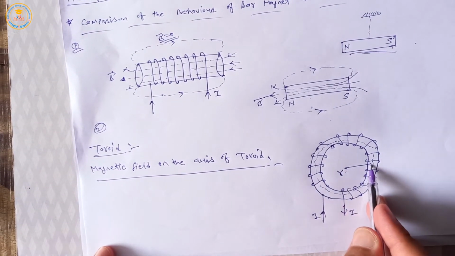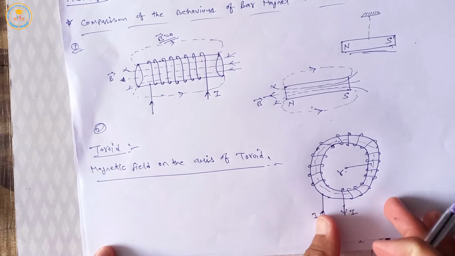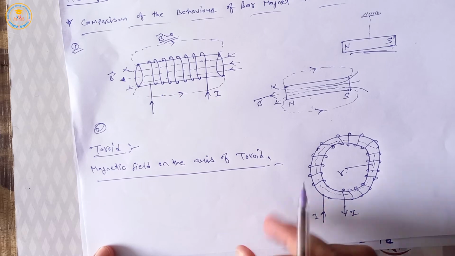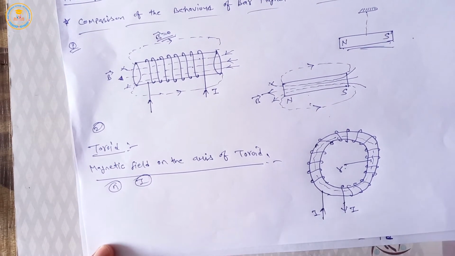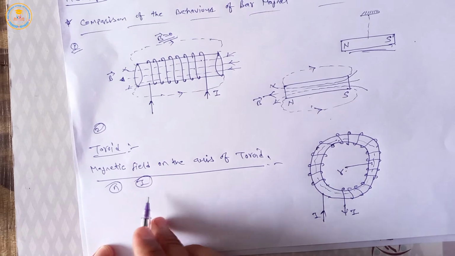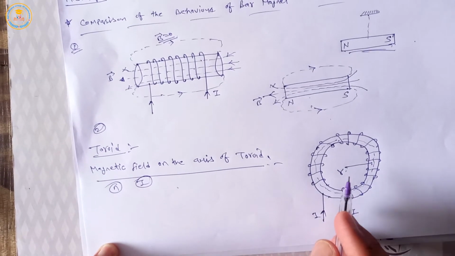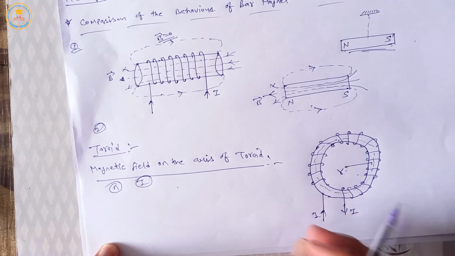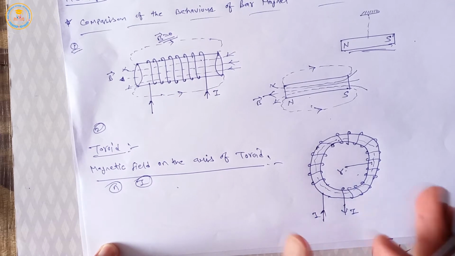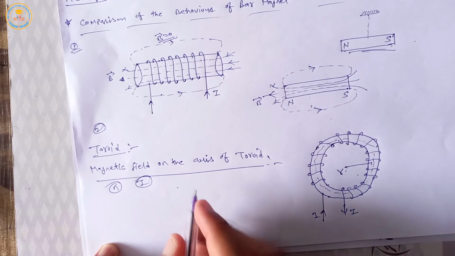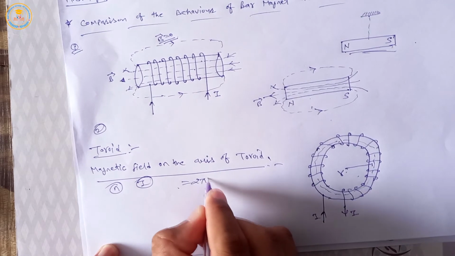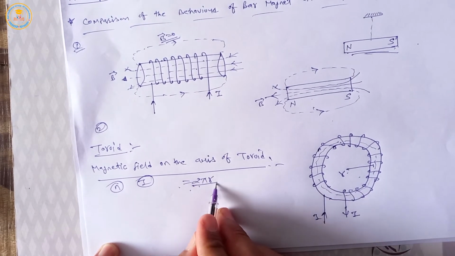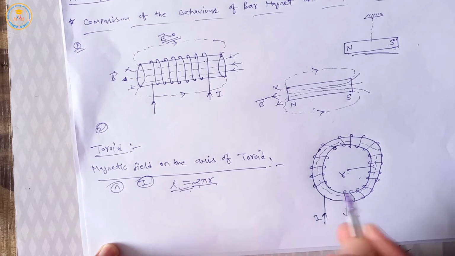In this toroid, the number of turns per unit length is small n, and the current flowing through this toroid is capital I. The length of this toroid is equal to the circumference of this circular ring, which is equal to 2 pi r. It means this is the length of this solenoid.